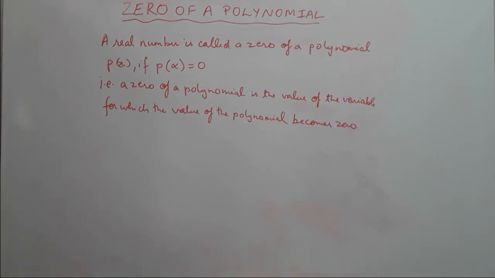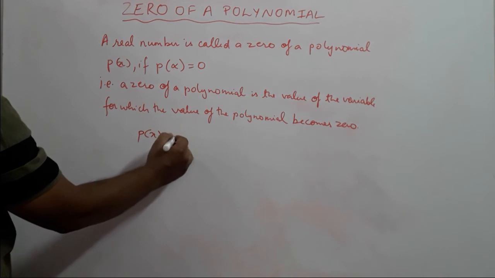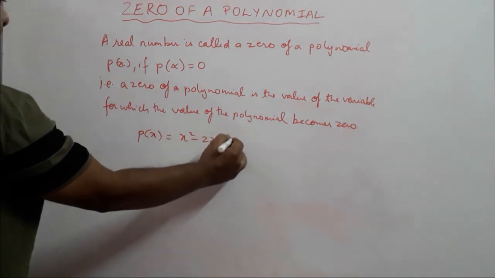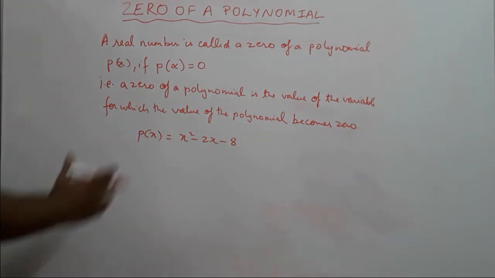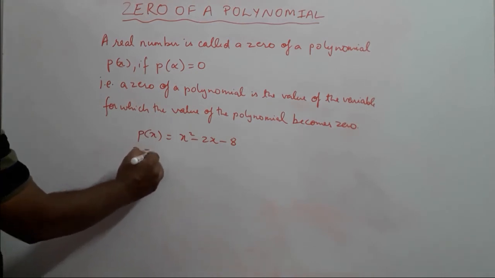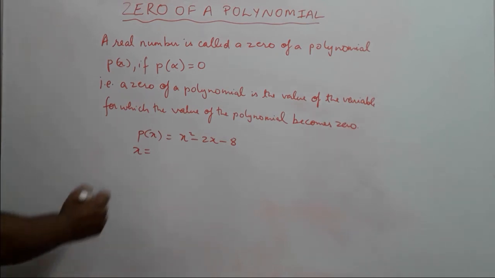Let us see what it means. Let's take one example to understand what this definition means and what a zero of a polynomial is. Let's take p of x equal to x square minus 2x minus 8, and in place of x, that is alpha, we will take x as 4.